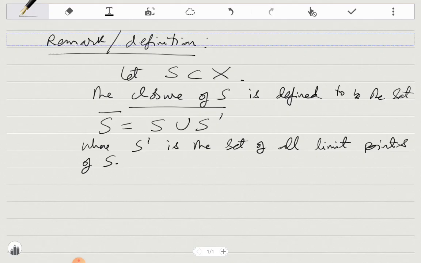Now, limit point, of course, here I might have used the term accumulation point. They mean the same thing. Some authors use them differently, but for us, limit point equals accumulation point.